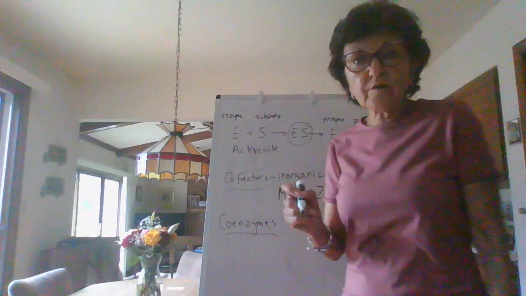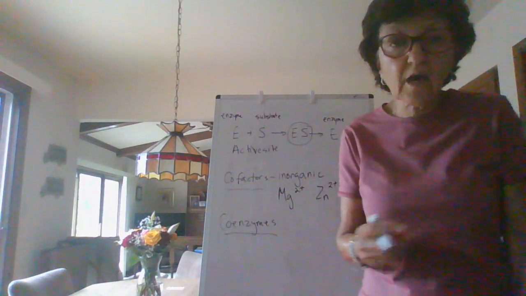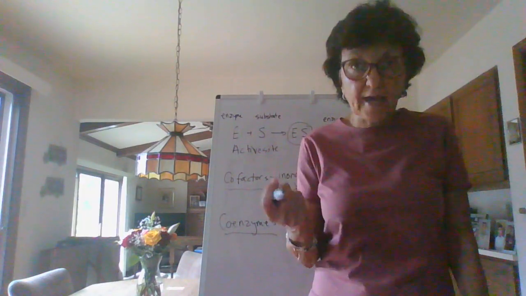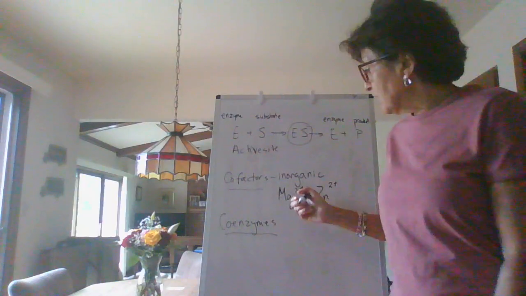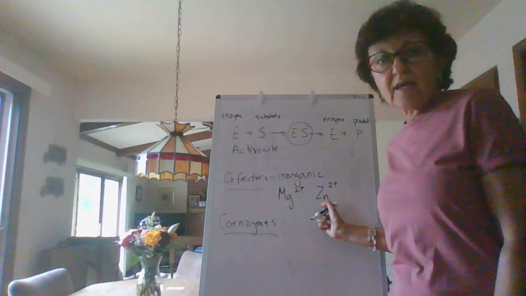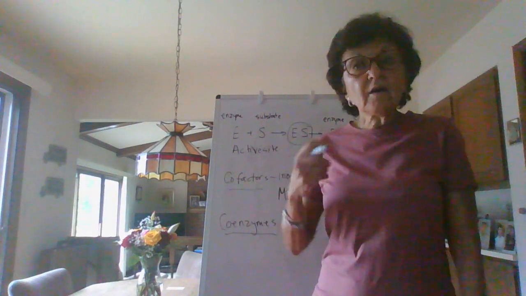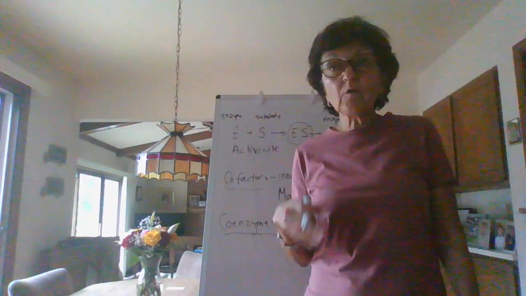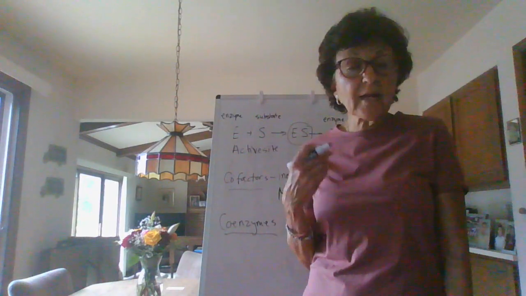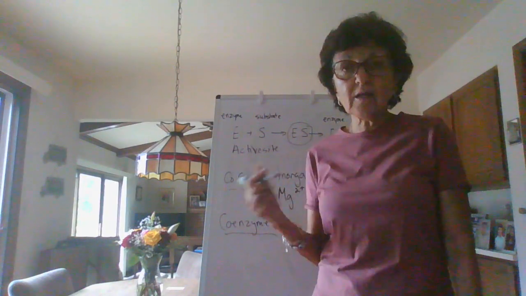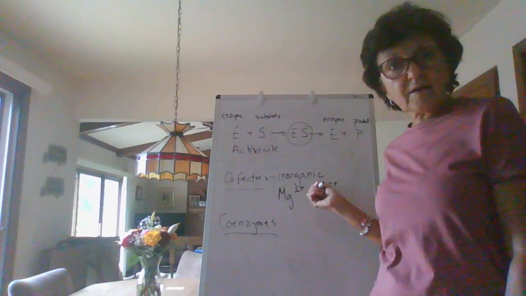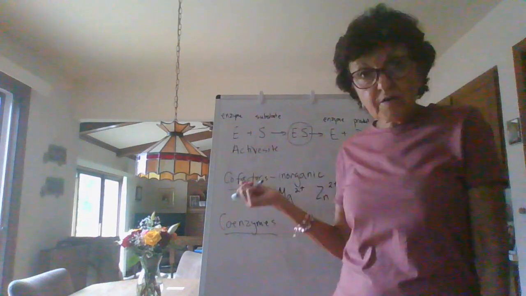Do you guys remember the word ion from intro chemistry? An ion is just a charged atom, okay? And Mg is magnesium and Zn is zinc. Those guys, like you have over 200 enzymatic reactions in your body that require these guys, all right? So they're very important.